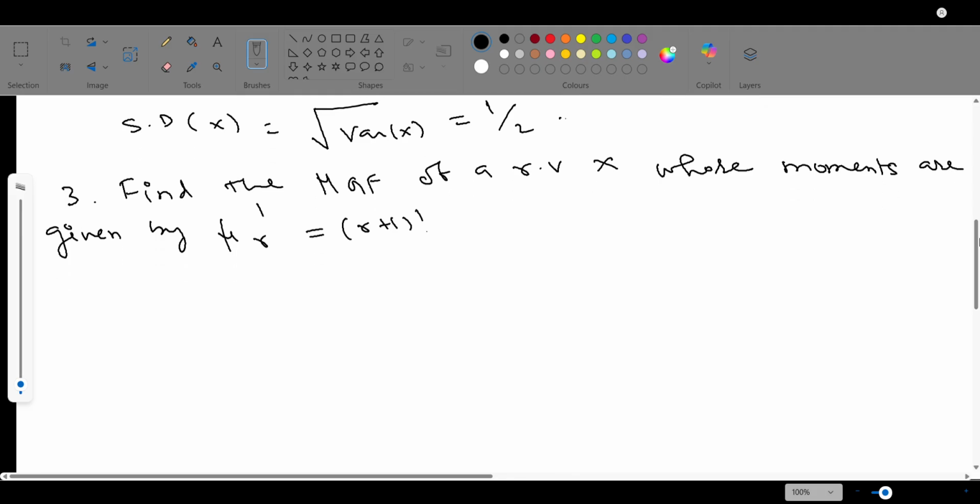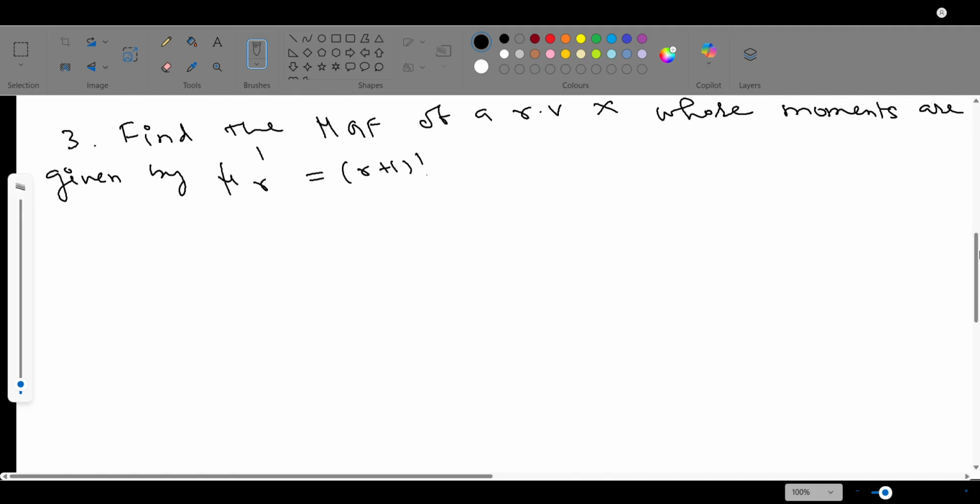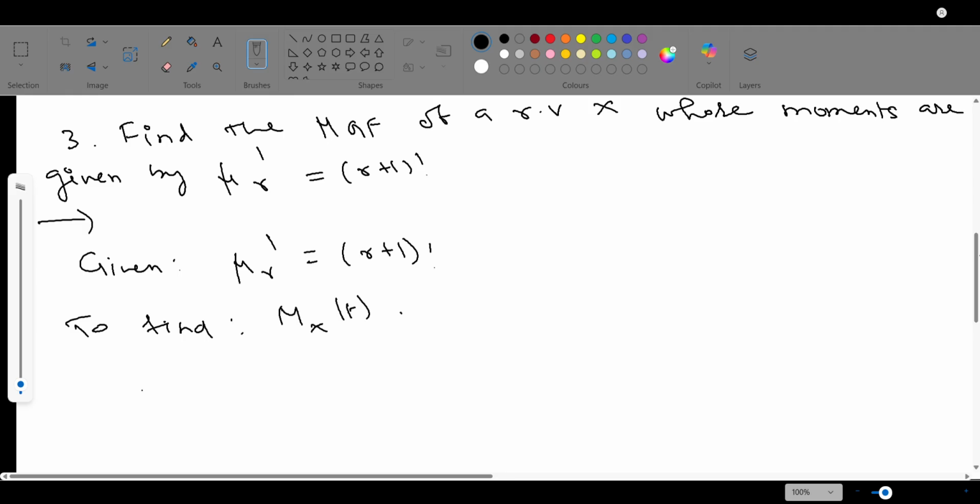Here the MGF we have to find, and its rth moment about origin is given. We can start with the given term, mu r dash equal to r plus 1 factorial. We have to find M x of t.